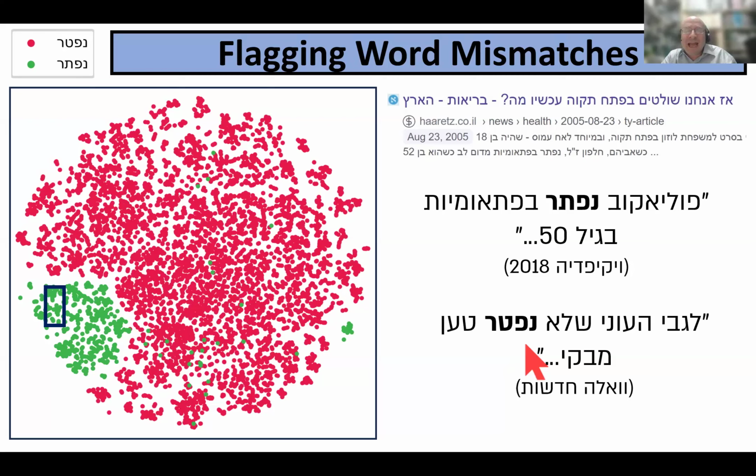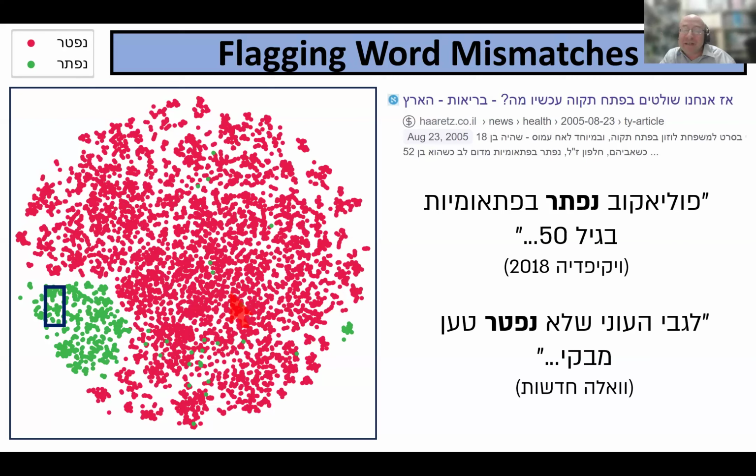And this power emerges from that same sort of clustering and visualization, where we map them out and see words that we expect to be in one cluster ending up in the other cluster based on how they're spelled.